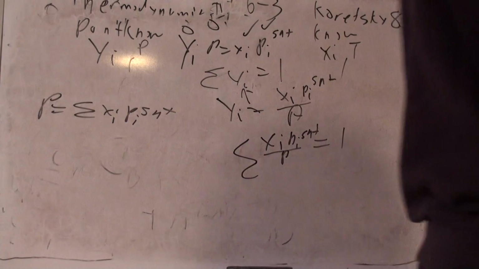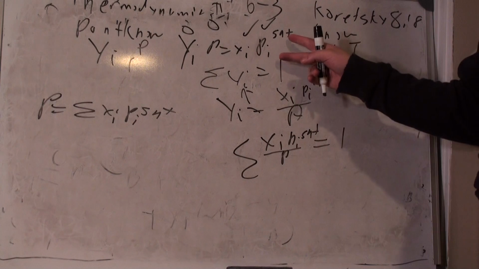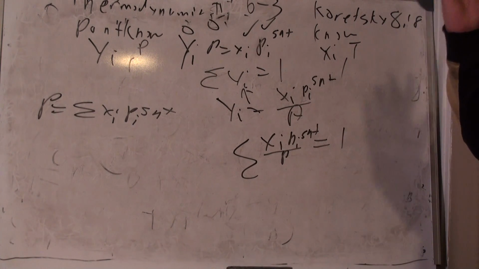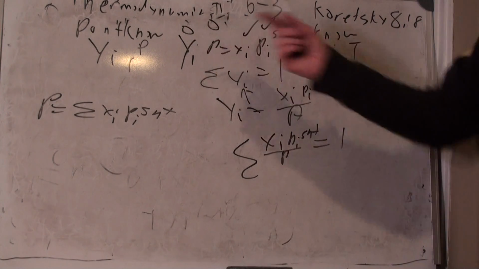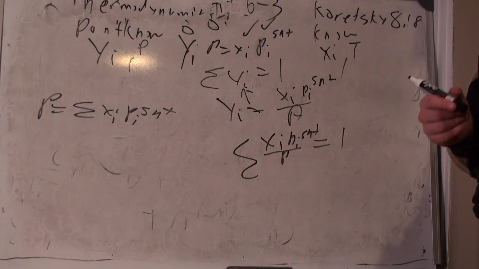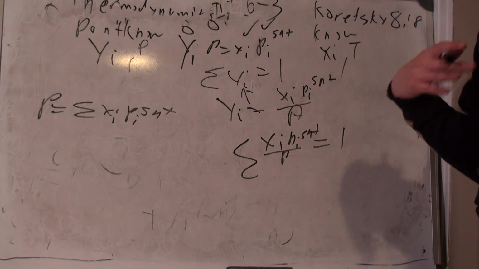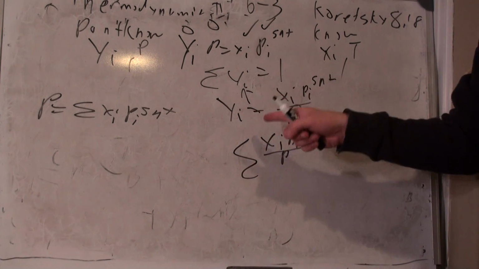Okay. I've done this so many times I don't even need to ask myself the questions. But I understand that you might not have that. So I write this down, and again, I ask myself, what do I know, what don't I know, what do I have a value for? I have a value for these, and I don't have a value for those. I could do P, or yi, or y1 or y2, but it's easier to just generically do yi.